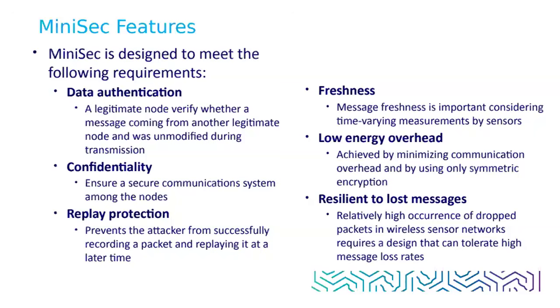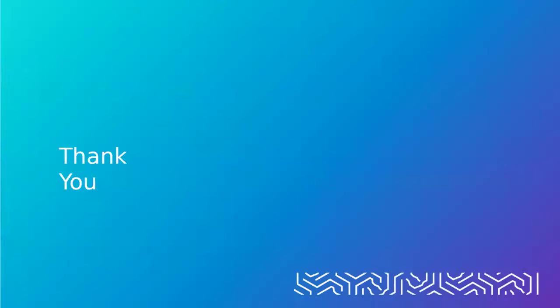MiniSec will reduce the energy consumption by sending far fewer communication messages, and it will be using only the symmetric encryption, which requires less processing than more complex encryption methods. So with all this, it is going to provide an efficient security solution for resource constrained IoT devices.